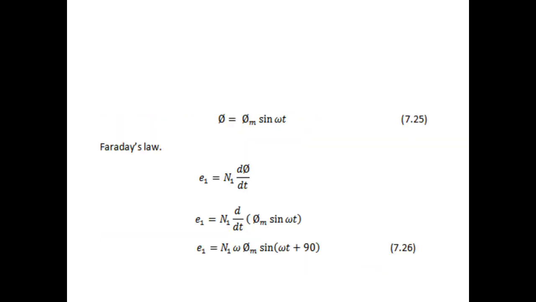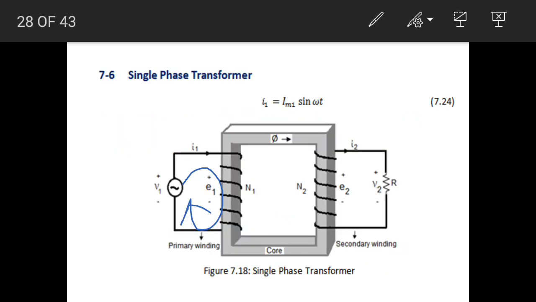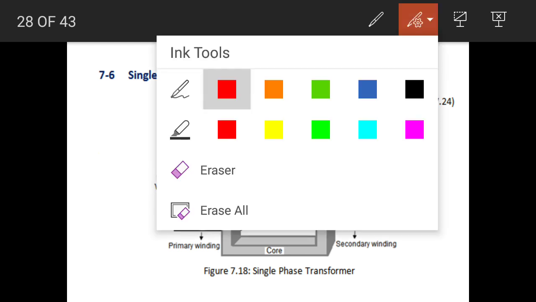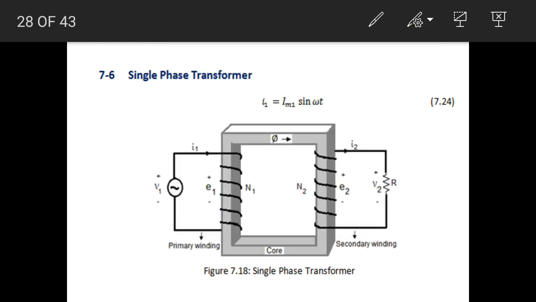Now see, we consider the secondary winding of this single phase transformer. The secondary winding is located in a time varying magnetic flux, in a time varying magnetic field.